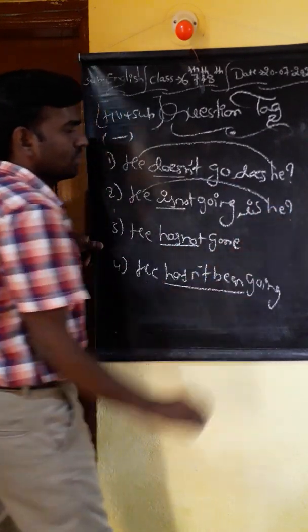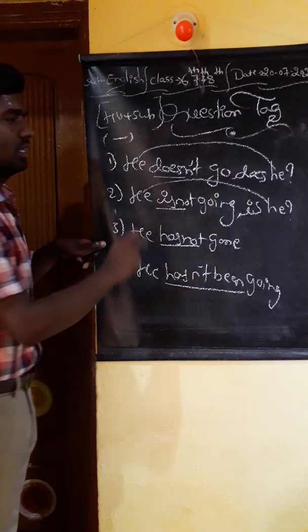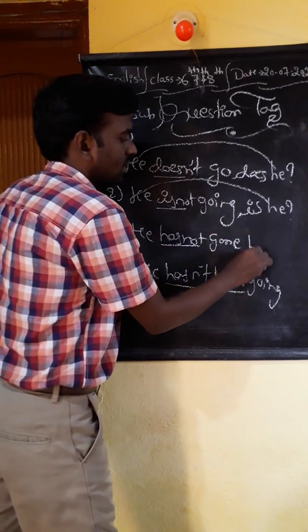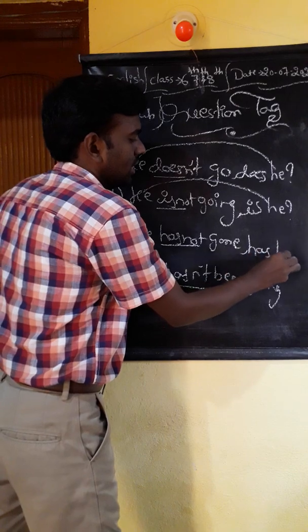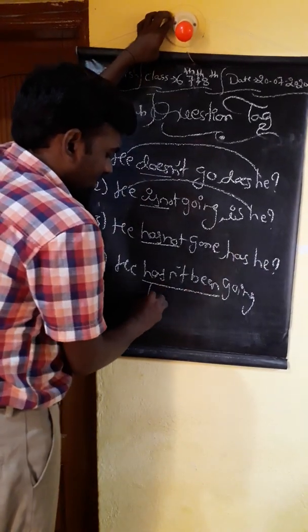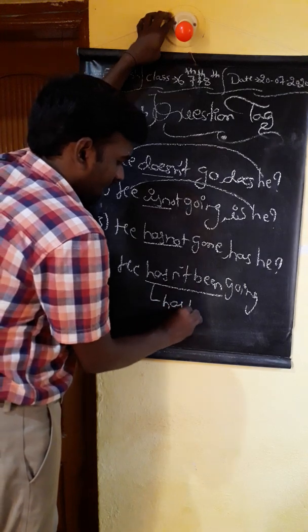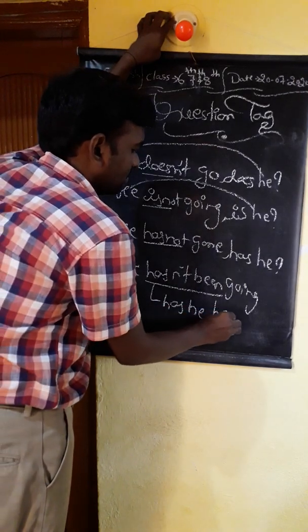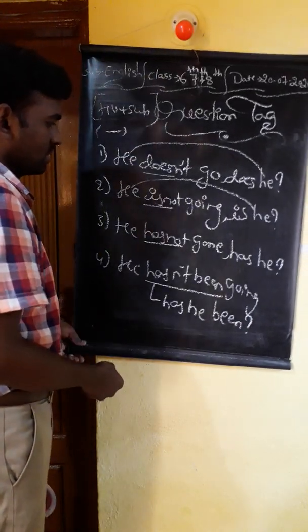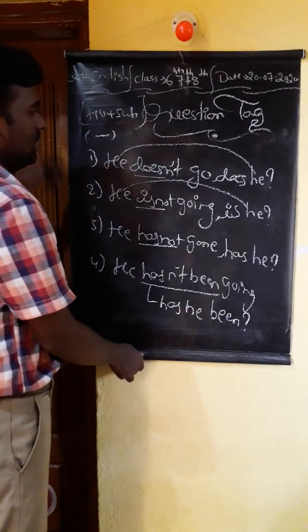So that will be the question tag for he is not going, that is easy. Again for the same thing, here it is has he. Again for this one, as you know, has he been. Okay. So I believe students now you are getting things very easily.